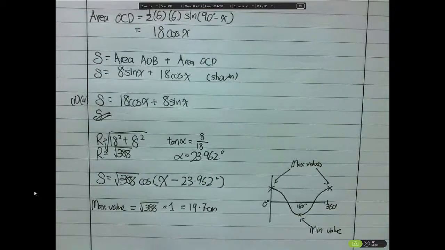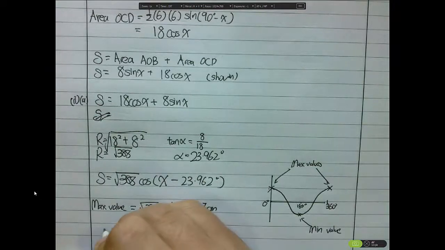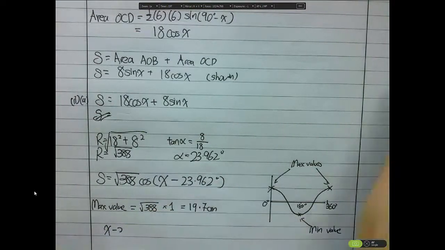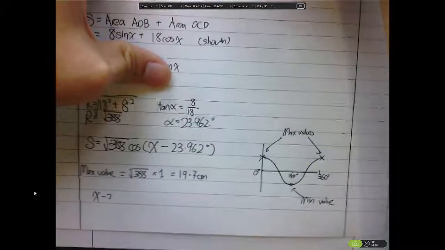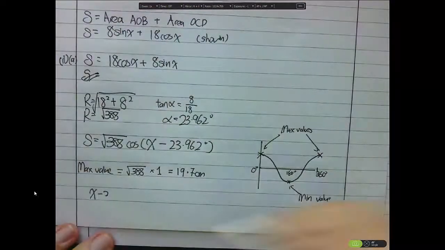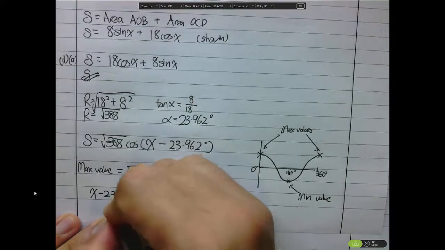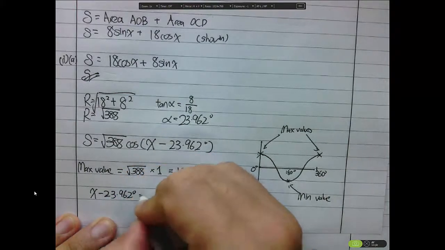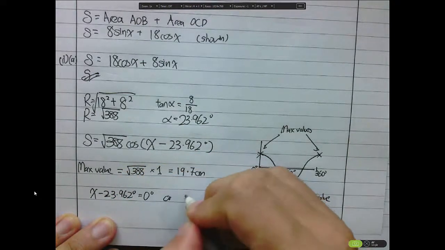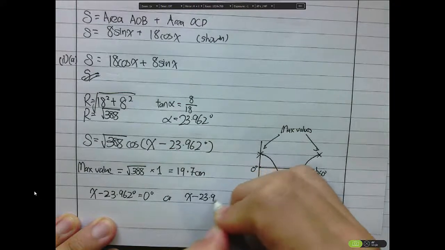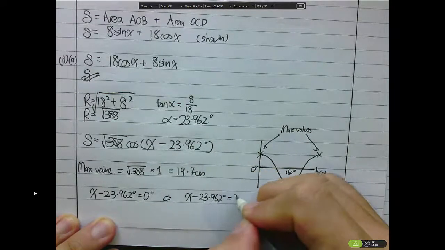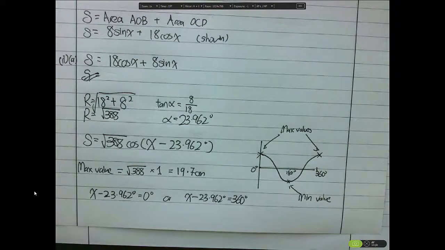We have to find the x value. So it can either be x minus 23.962 degrees equals 0, or x minus 23.962 degrees equals 360 degrees.